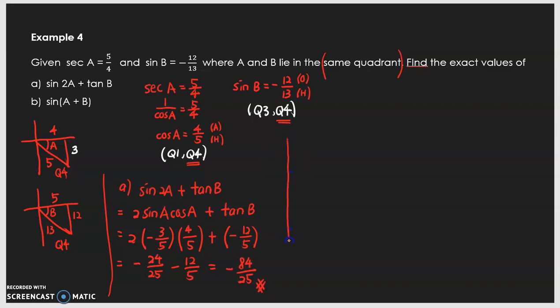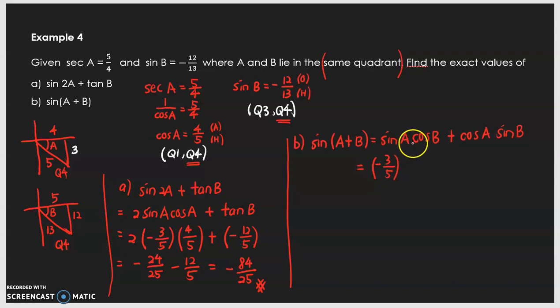Now we move on to B. Sine A plus B is equal to sine A cos B plus cos A sine B. Again, sine A, we refer to A, sine is opposite over hypotenuse, so here is negative 3 over 5 because of quadrant number 4.